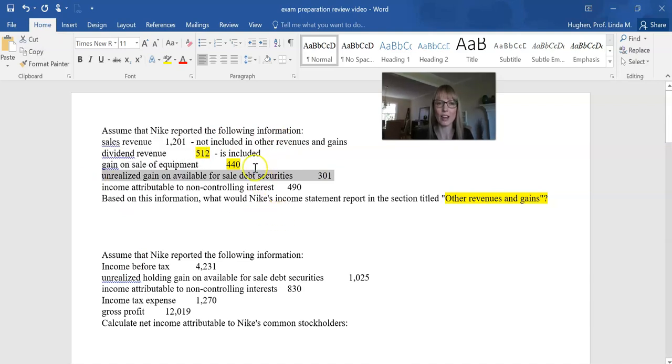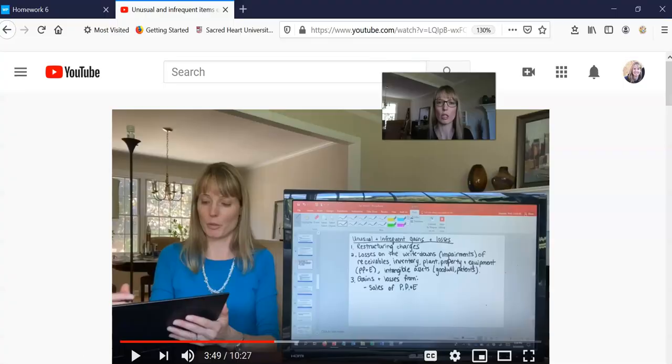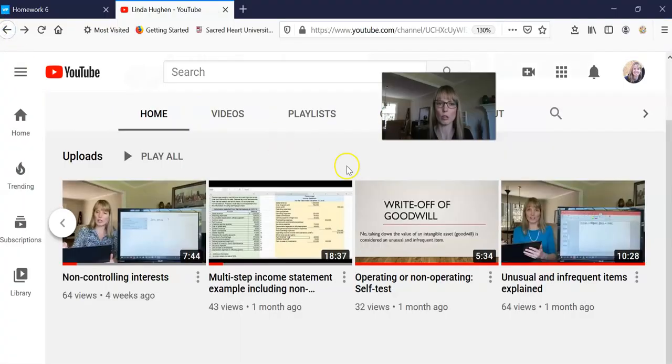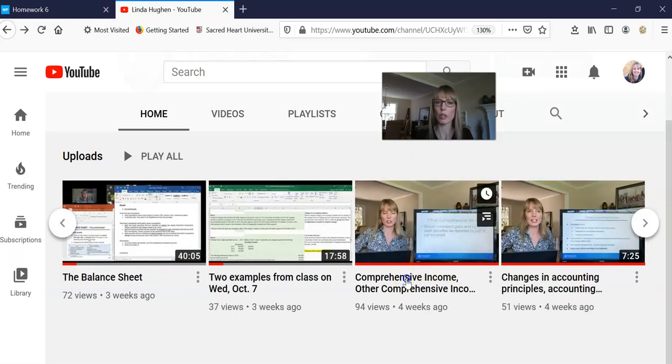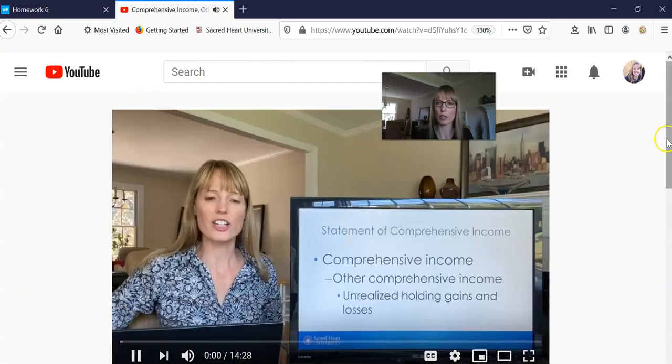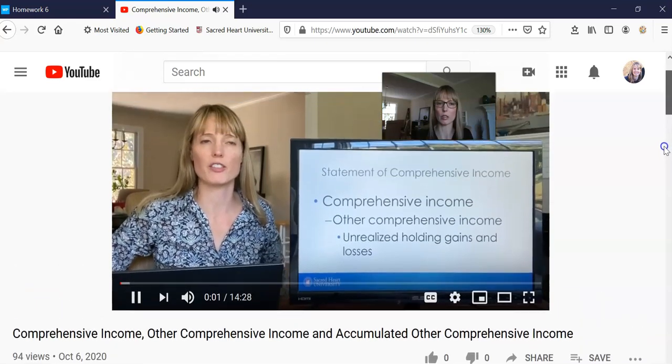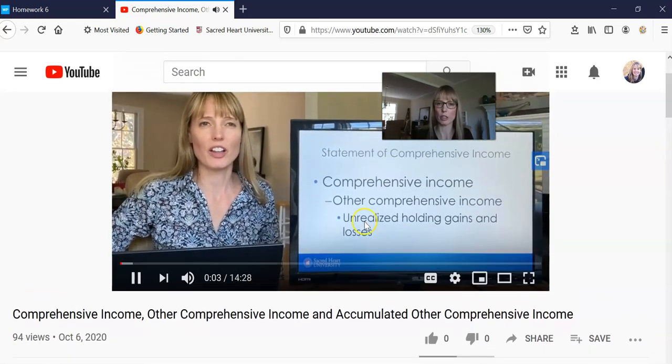Now, we didn't see that in the material covering the other revenues and gains. That's because that's not included. We saw that in a different section. If we go back to the videos, when we look at the video for comprehensive income, other comprehensive income, and accumulated other comprehensive income, this is where we're going through unrealized holding gains and losses.